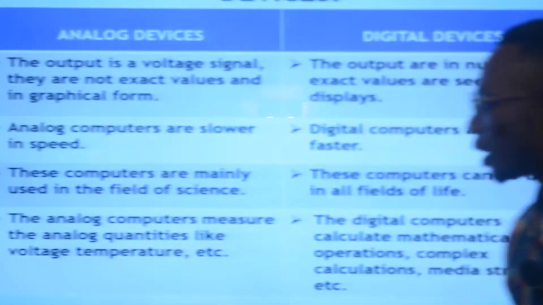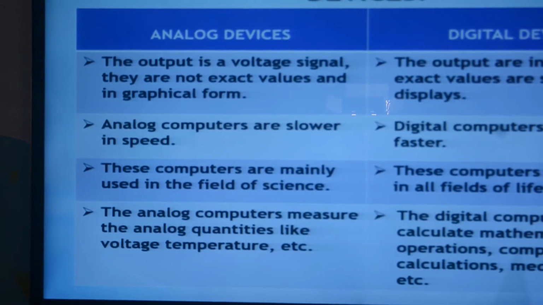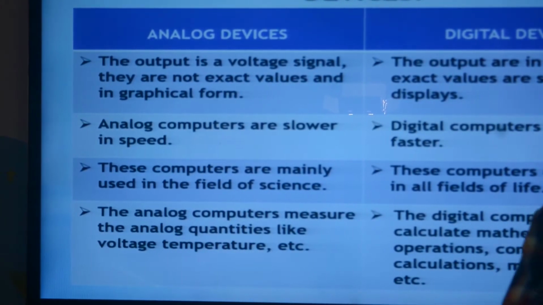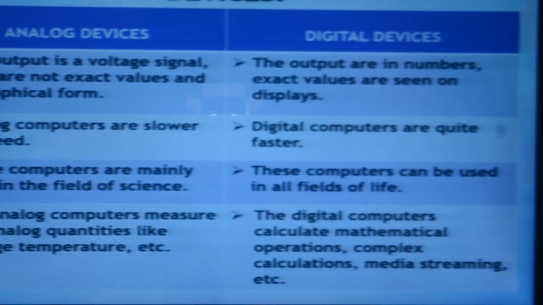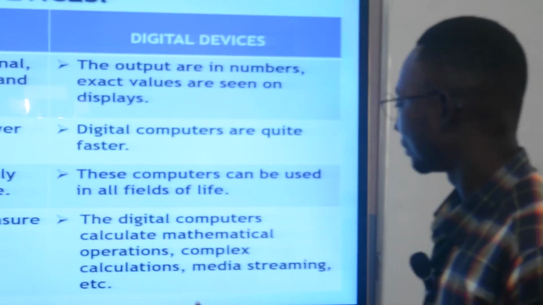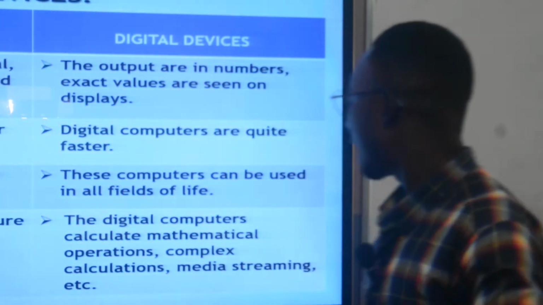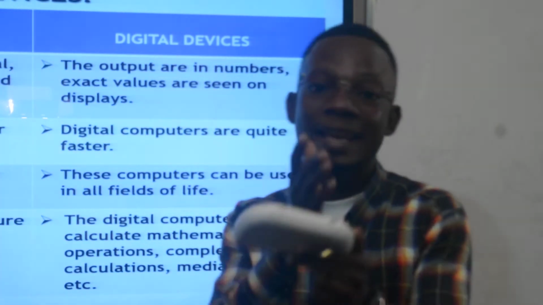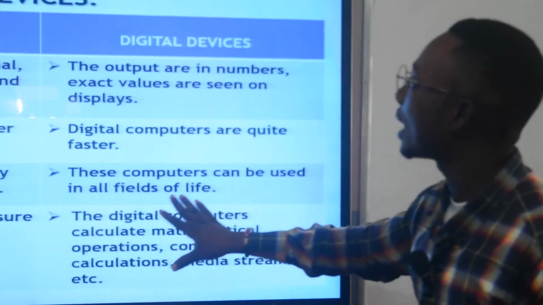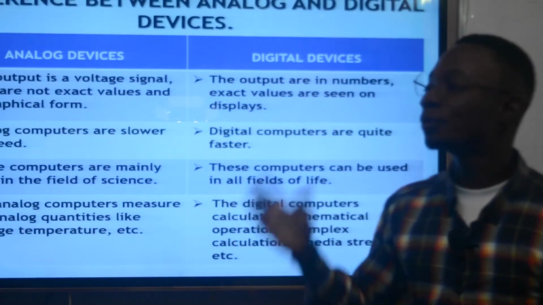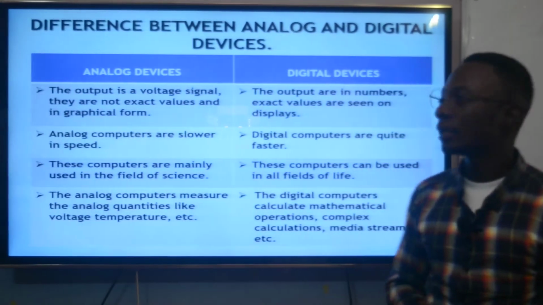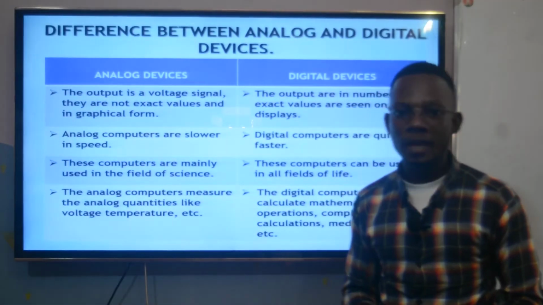Analog computers measure analog quantities like voltage, temperature, and so on, but digital computers calculate mathematical operations, complex calculations, and also media streaming. So digital systems are now ruling the world, unlike the analog devices.